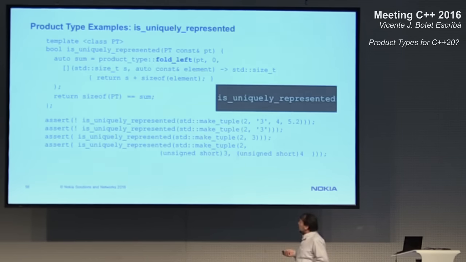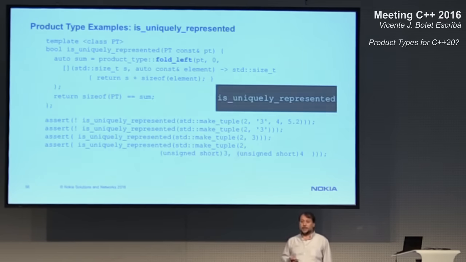And we can define it using this fold-left function so that we are accumulating the size of each one of the elements. If the size of the product type is the same as the sum of the elements, this means that we don't have holes between them.